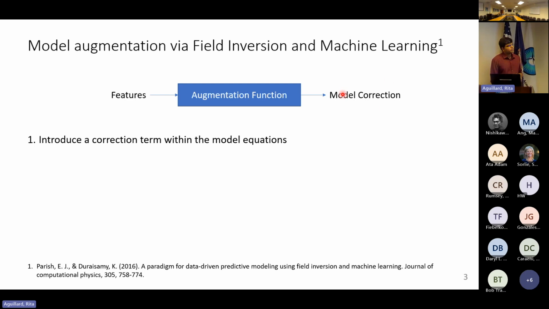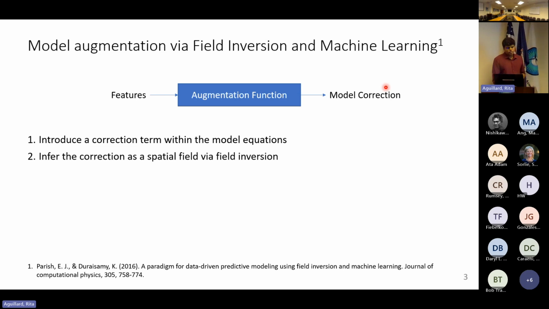And then it outputs a numerical value, which is the model correction. So you can think of this like some kind of function sitting within the turbulence model. All right, so the first step to infer this augmentation function is to infer the values of the model correction themselves as a spatial field for a given flow using this field inversion technique. It's just solving an inverse problem, which is essentially an optimization problem. So basically, you get a field of model corrections.